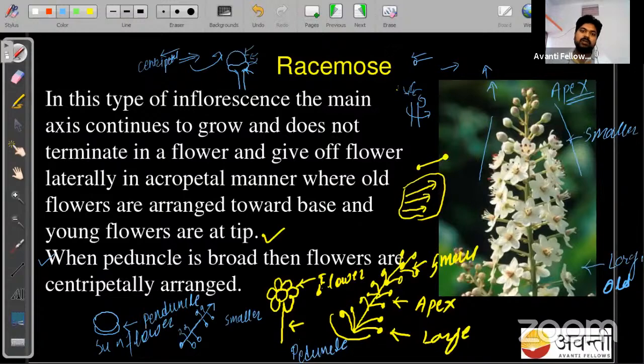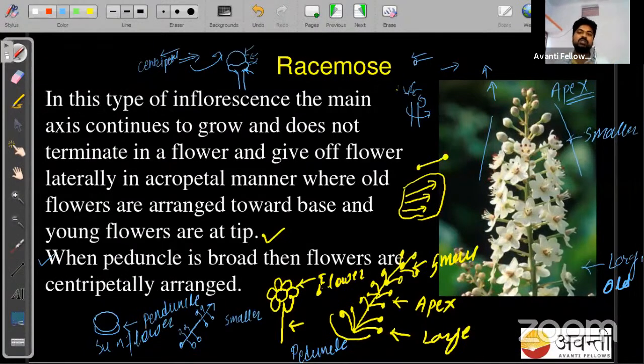First of all, just remember one thing. What is meant by racemose? We will discuss all the things which come to your mind in later slides, with lots of examples and different types of racemose, and there you will clear all your doubts. The one thing to keep in mind is that in racemose there is an acropetal arrangement.